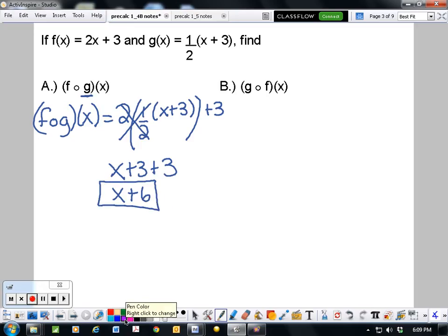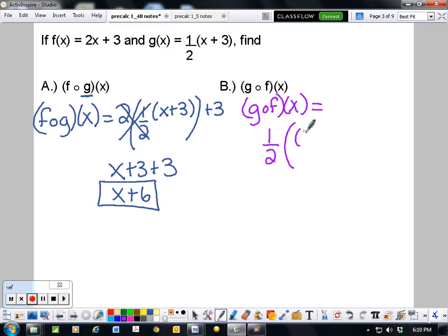So in our second one, we're working backwards. We're going to plug the f function into the g function. So now I'm going to have 1/2, and in that x spot we're going to put 2x plus 3, and then plus 3.